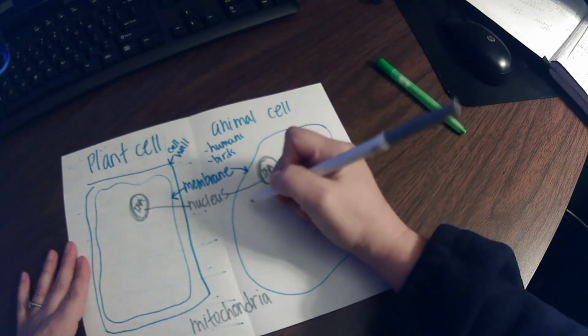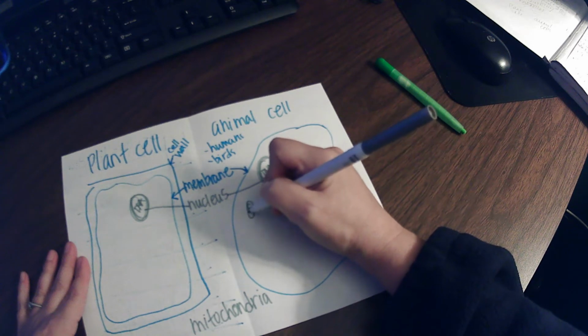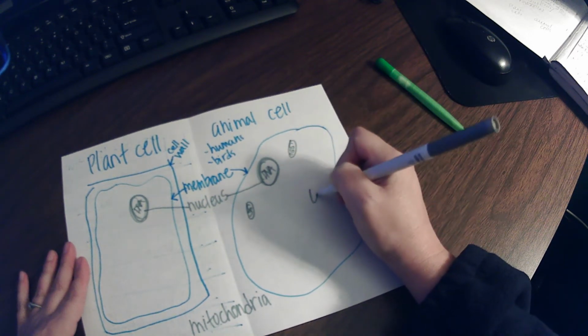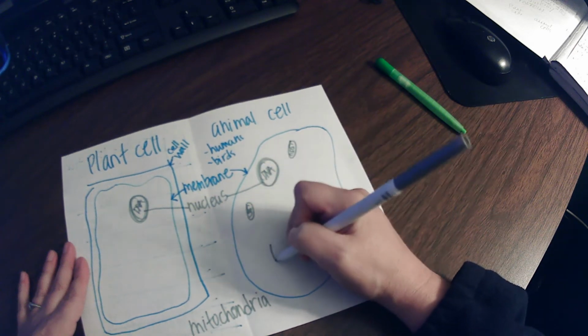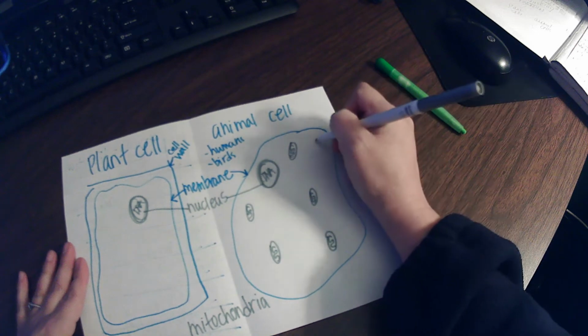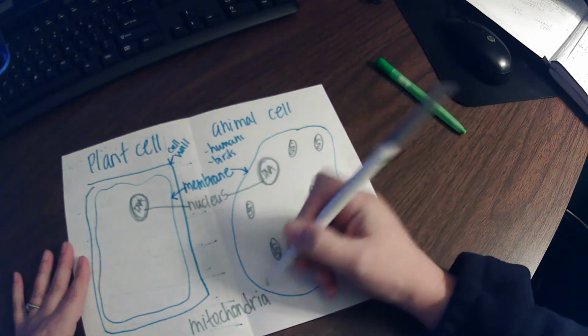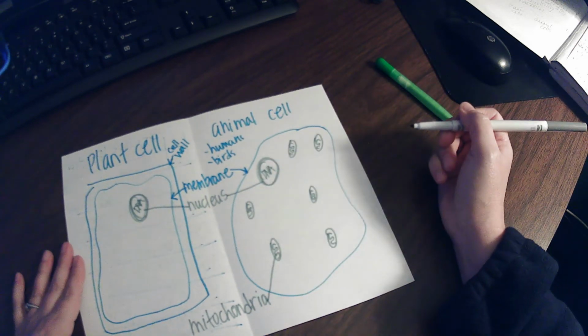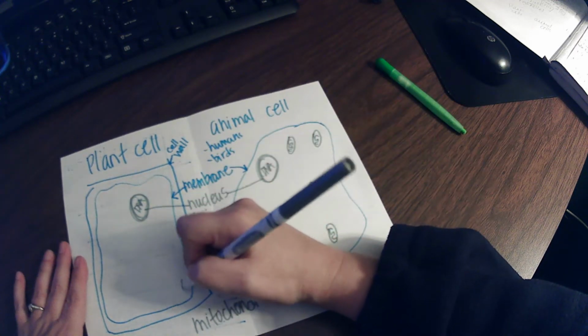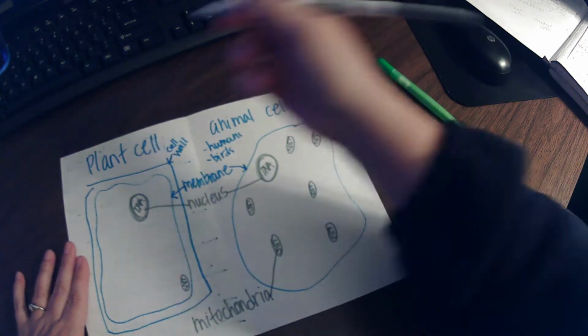In an animal cell, there's usually quite a few. Let's make an oval with a squiggly wiggly on the inside. But in a plant cell, there's only a couple.